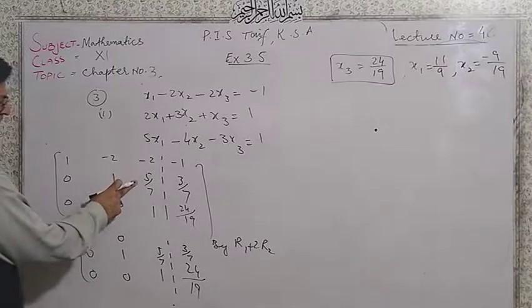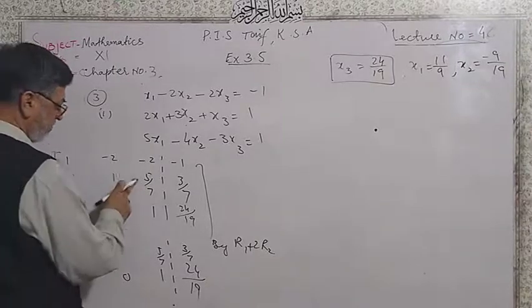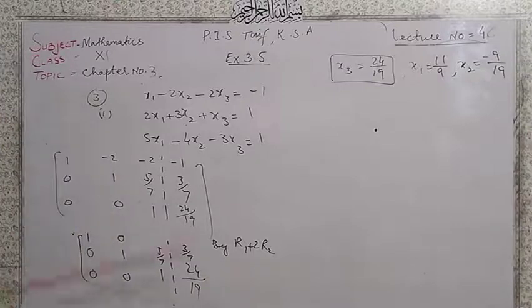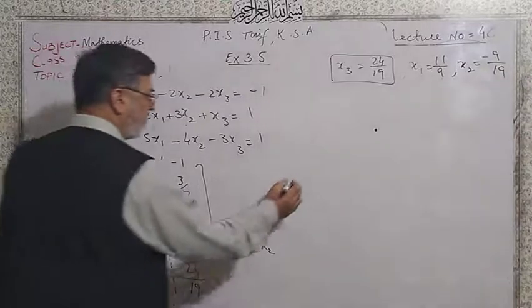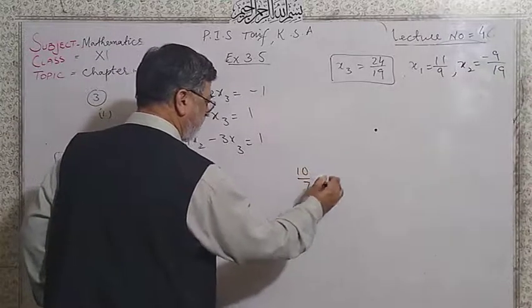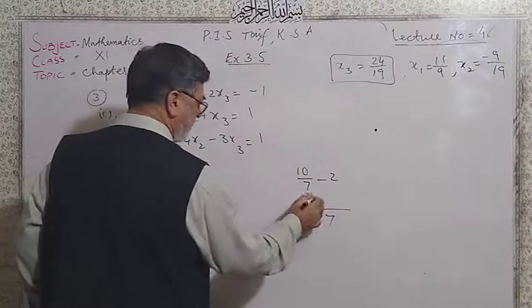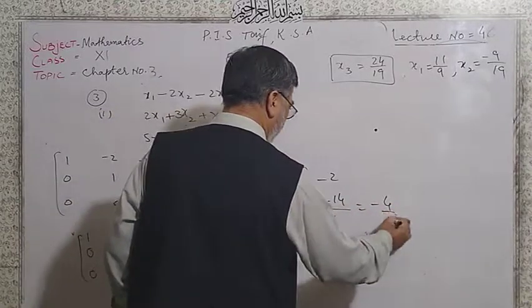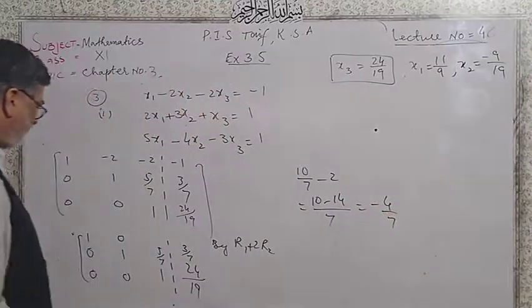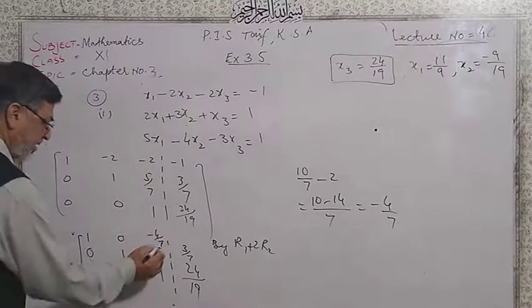Now this is multiplied by 2, it will be 10 over 7, and 10 over 7 minus 2. Taking 7 as LCM, that is 10 minus 14. It will be minus 4 over 7. Here is minus 4 over 7.